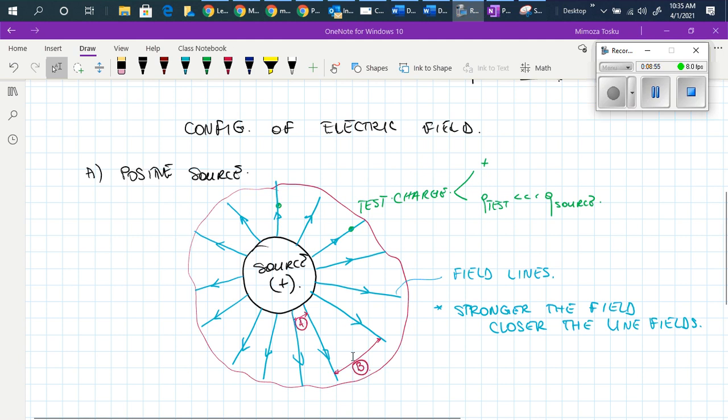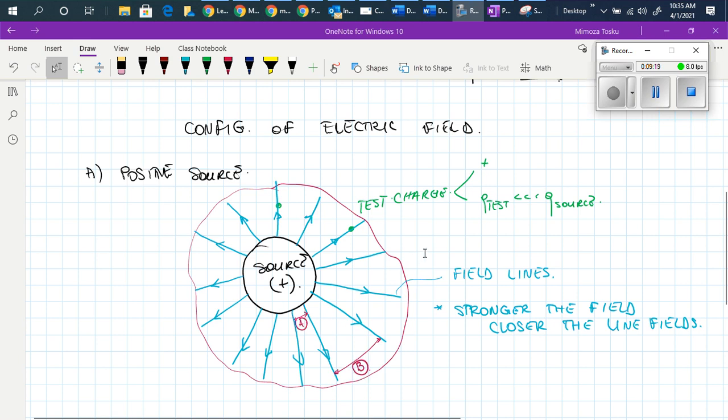So from this explanation, we can say that the electric field strength decreases as it is going away from the source. So when it is going away from the point source, then the electric field strength is decreased.